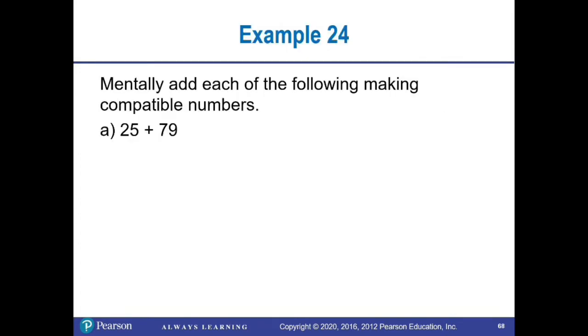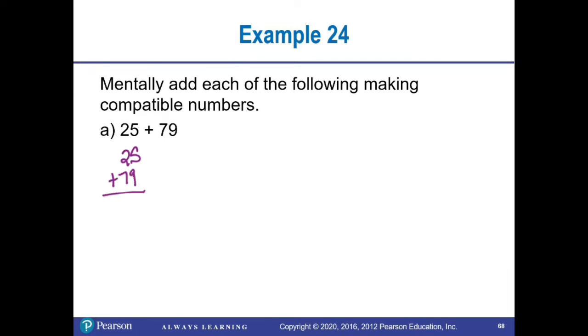So here, our instructions ask us to mentally add making compatible numbers. As I mentioned, the steps that I show, one would do in your head. However, you're going to have to show me the steps on your quiz in the show work boxes.